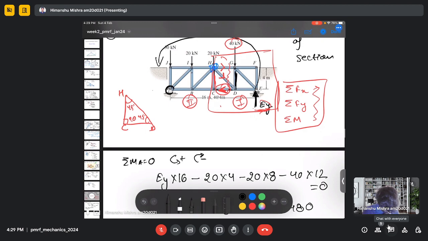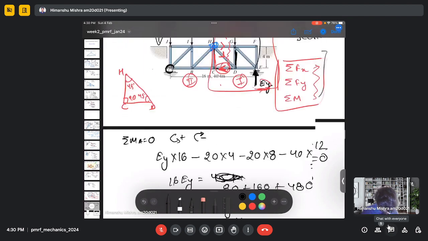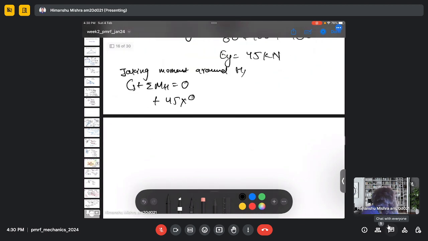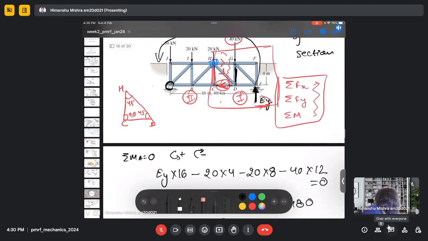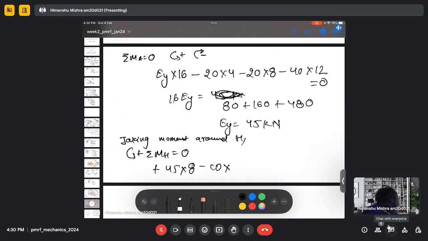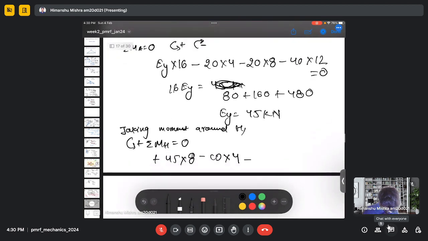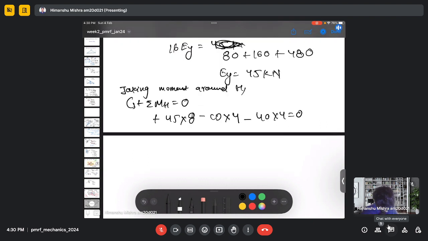So my EY will be in the counterclockwise direction, so it will be plus 45, which is my EY, multiplied by 8, then force CD, which is in the clockwise direction around H, and it will be minus CD multiplied by 4, and 40 is also going in the clockwise direction, equal to 0.